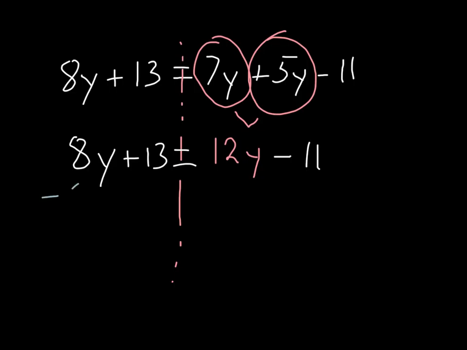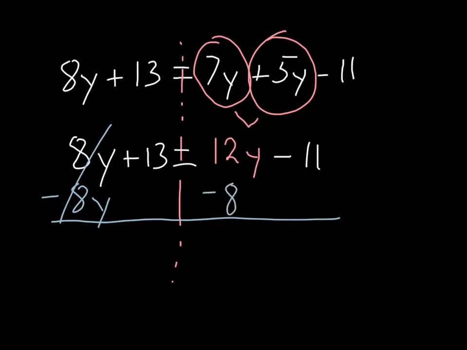So I'm going to subtract 8y over here. So it cancels that right there. And whatever I do to one side, I have to do to the other. So I'm going to subtract 8y from the 12y since they're both y terms. So here we end up with 12 minus 8, which is 4, y, and then bring down the rest of the equation that we have, the equal sign and the positive 13.